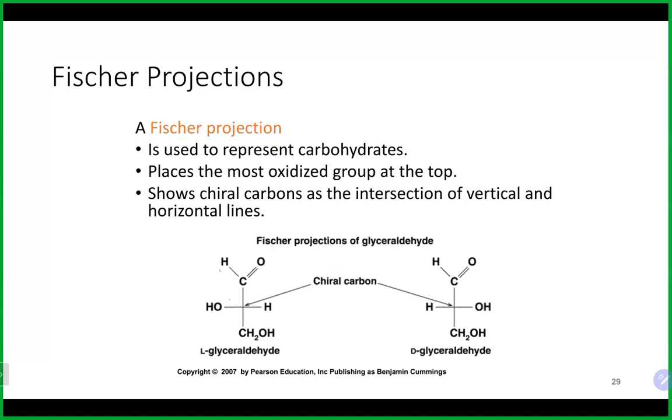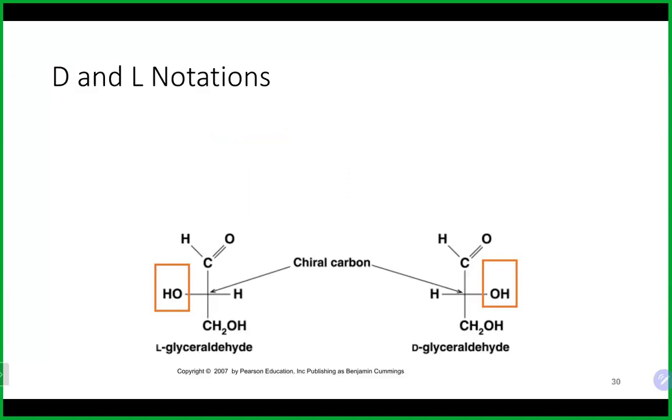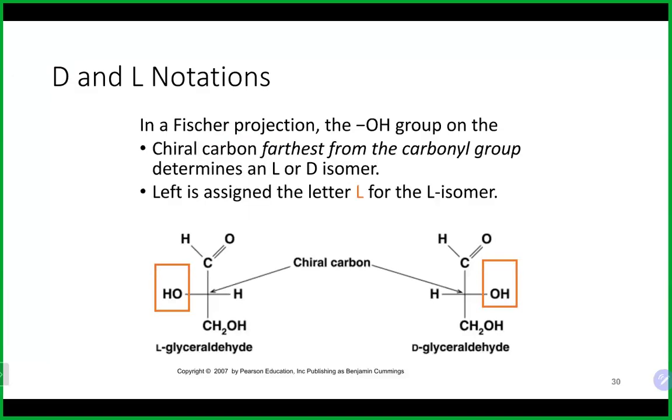We show chiral carbons as intersections of vertical lines. And again, as I mentioned before, there are carbons there, so don't forget to count them if you need to. And there we go, there's our D and our L, as we just saw.